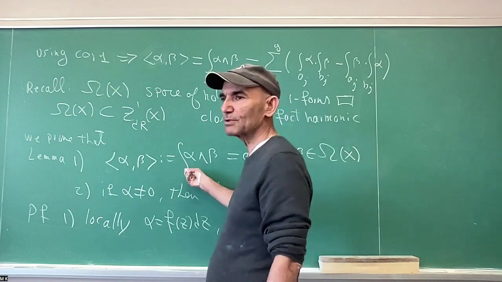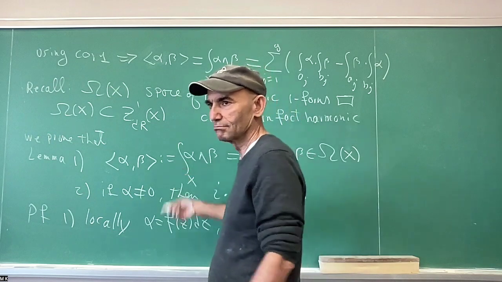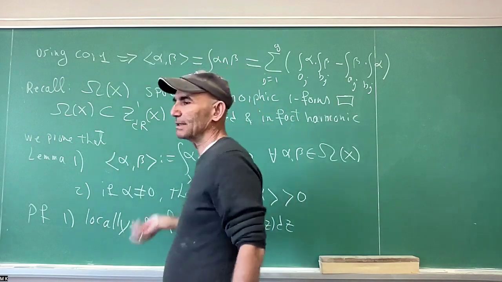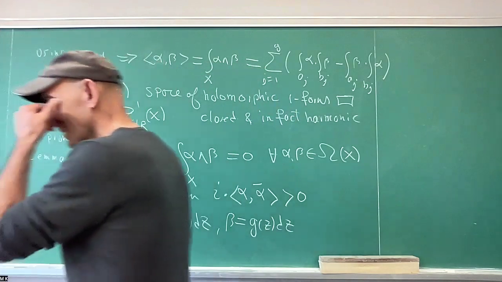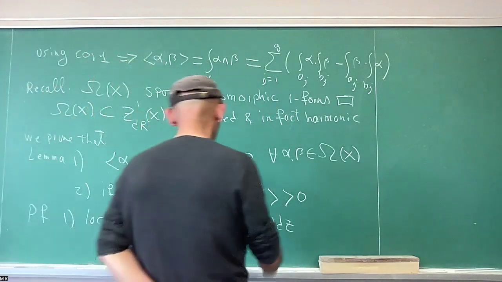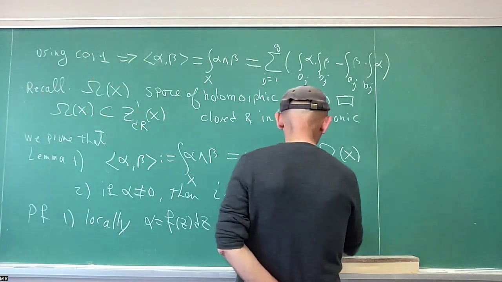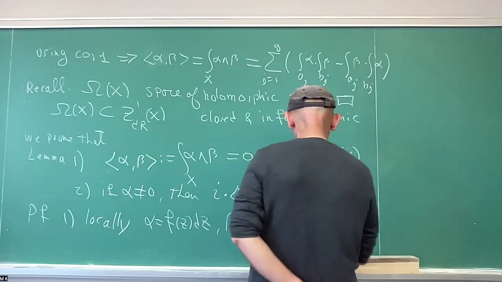So actually this wedge product, alpha wedge beta, is 0 even. This is the best way an integral can be 0: the integrand is 0. So it's very drastic.